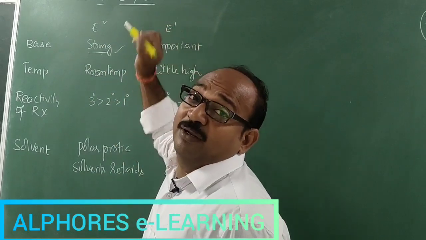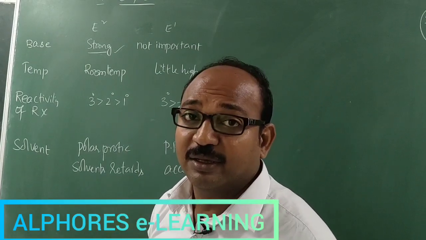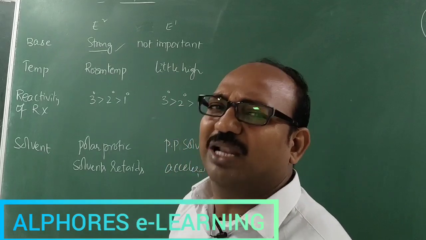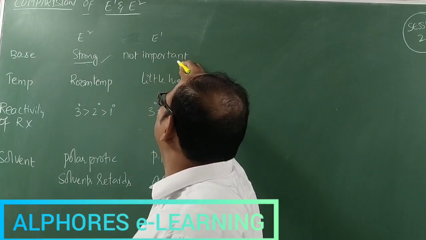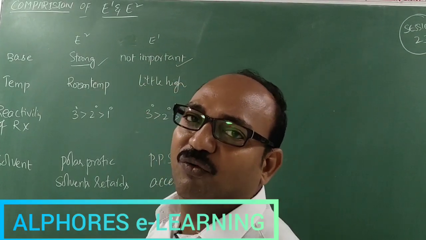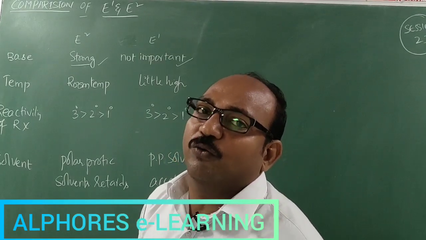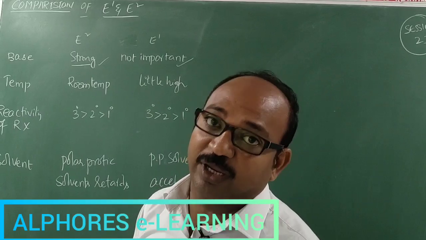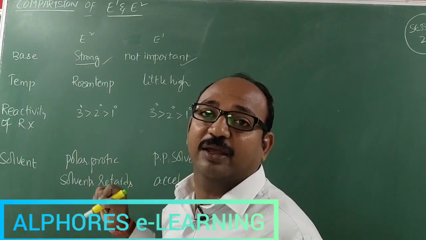Whereas for E1 the rate determining step is formation of the carbocation, so there is no base involvement. That means base is not an important factor for E1 elimination. Preferably it should act as a nucleophile, and even the nucleophile acts as a base. The solvent molecule also acts as a base after formation of the carbocation.